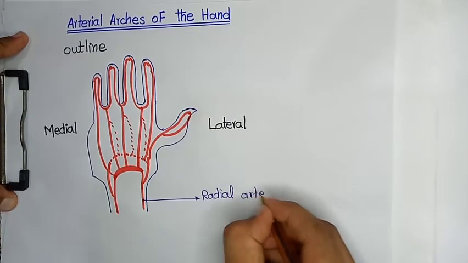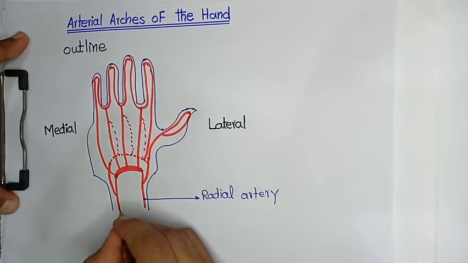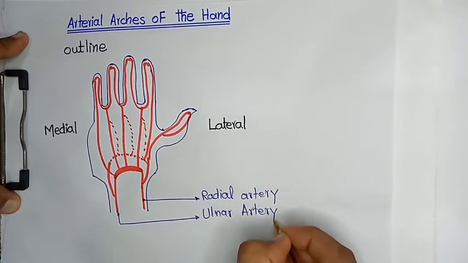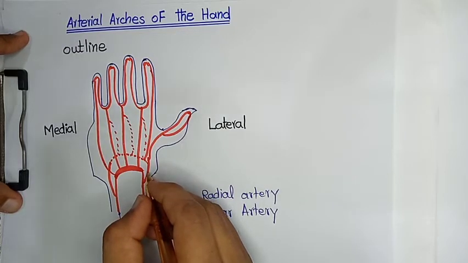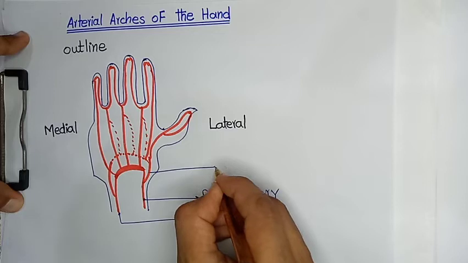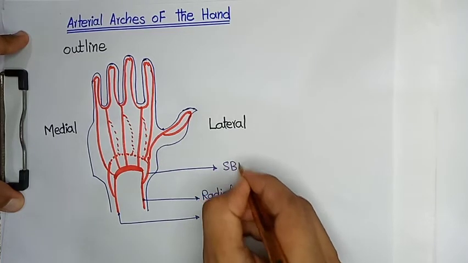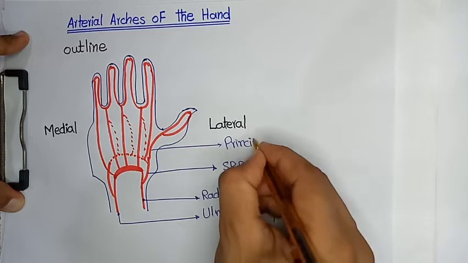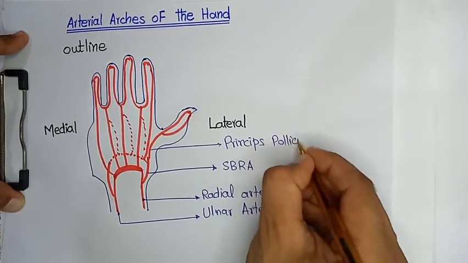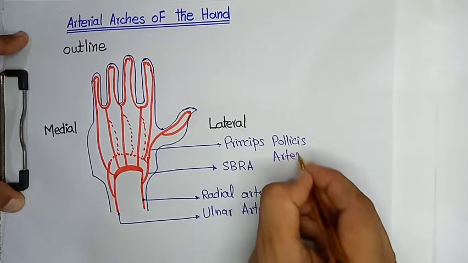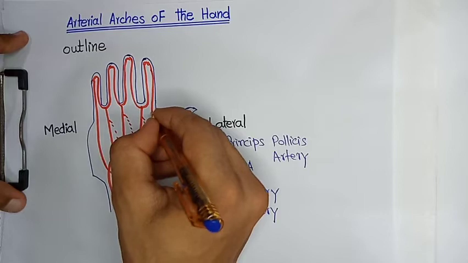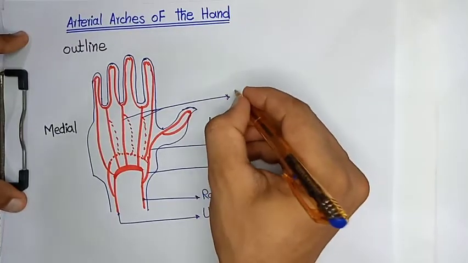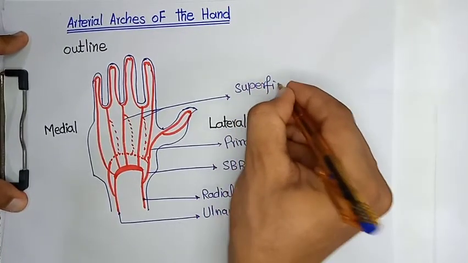Now we label these arteries. This is radial artery, this is on the medial side ulnar artery, this is superficial branch of radial artery, this is princeps pollicis artery, and this is radialis indicis artery.